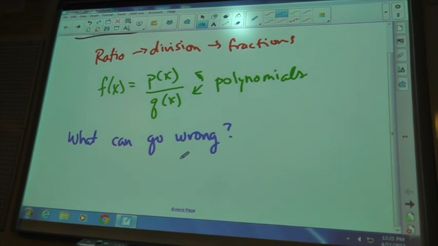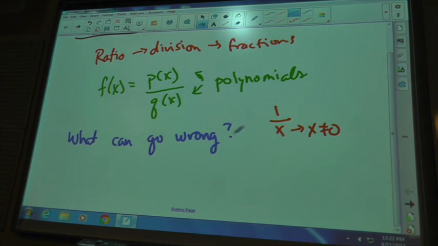What goes wrong? So let's look at an example here. 1 over x. Right, the bottom can't be 0. What about something like x plus 1 over 2x squared plus 5x minus 3?